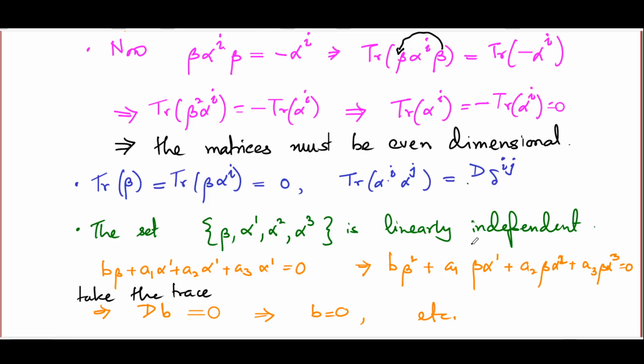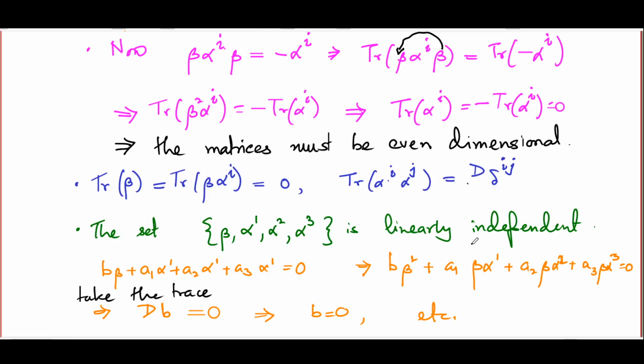So if you take the trace of both sides, what you will get is b times trace of the identity, which is of course capital D, plus 0 from all the other terms, must be equal to 0. And since the dimensionality of the matrix is not 0, you must conclude that b is 0. The proof that a1, a2 and a3 are 0 follows in a very similar fashion.